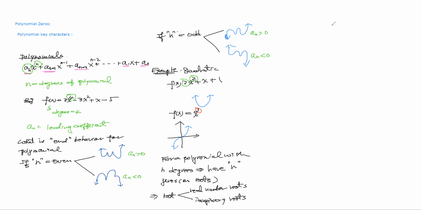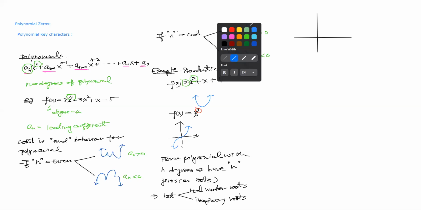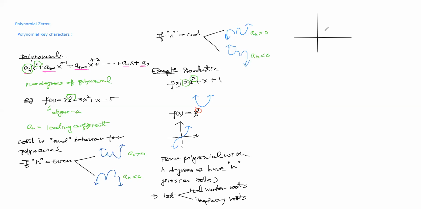So now, let me show you, let's use the example we know, the quadratic, all right? The degree is 2. If my quadratic looks something like this, then the points where it touches the x-axis are what we call the zeros of this quadratic.